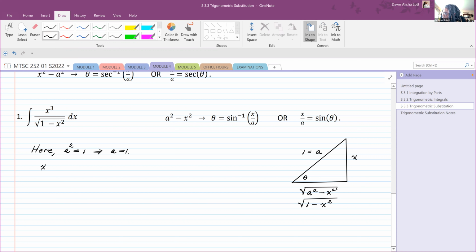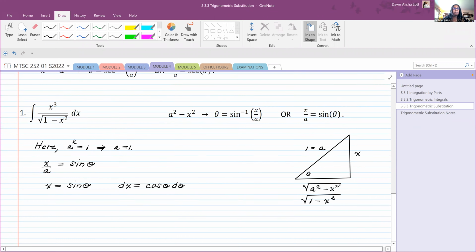So x over a is the sine of theta. So in our case, a is 1, so we get x is just the sine of theta. Okay, what's dx? Well, dx is the derivative of that. That is the cosine of theta d theta. Any questions so far?